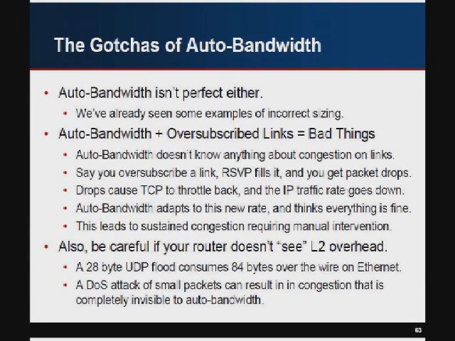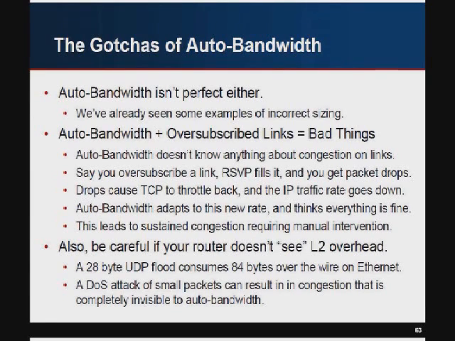For example, there's a bunch of people out there that oversubscribe their links. They may say, I want to be able to push 110% over this RSVP link. I don't know why you do that, but there's people that do. What happens is, because auto bandwidth doesn't know anything about congestion, if RSVP maps multiple LSPs across this link and it creates congestion, it's going to cause TCP to throttle back.